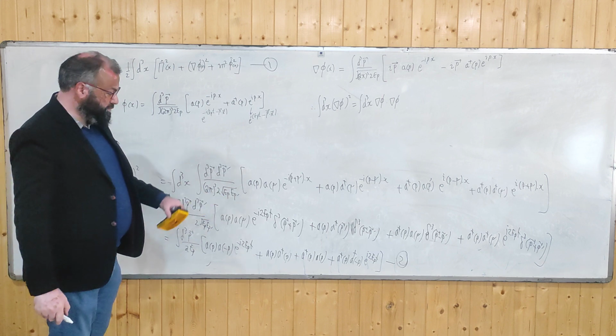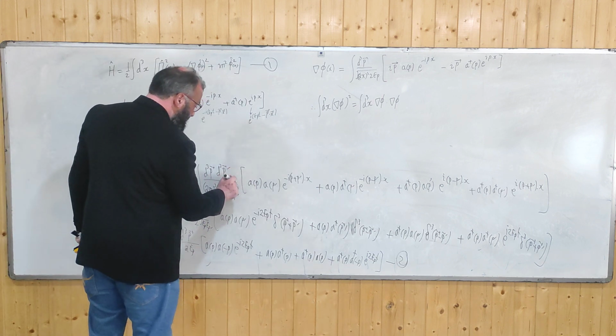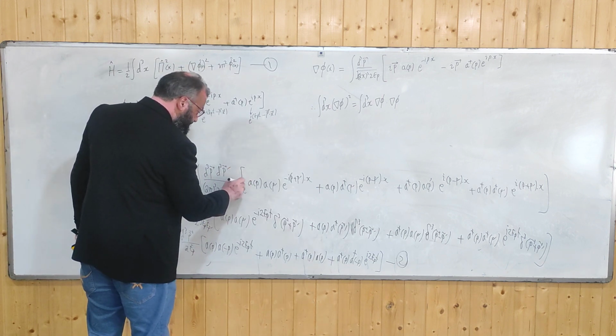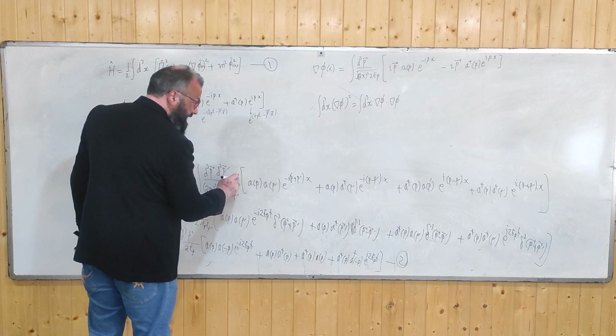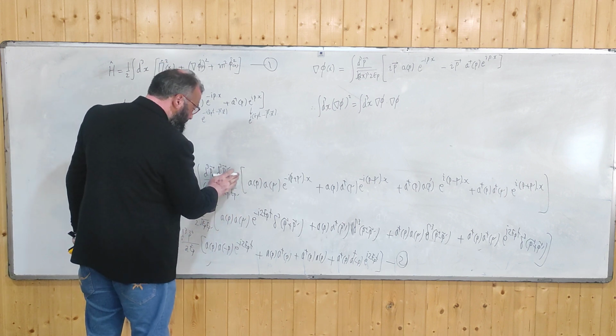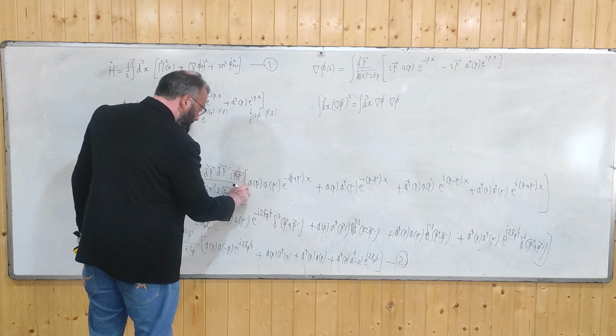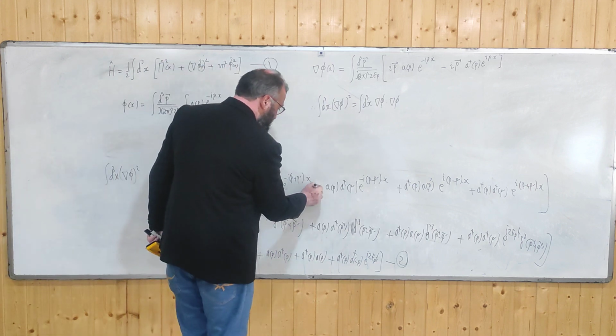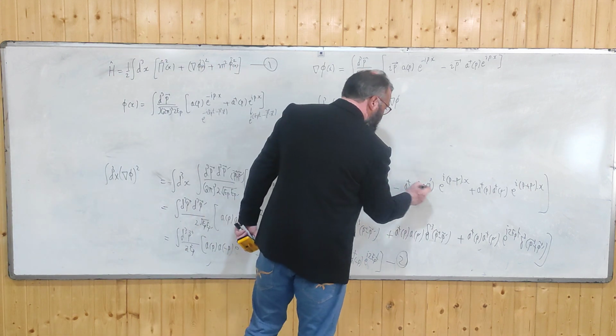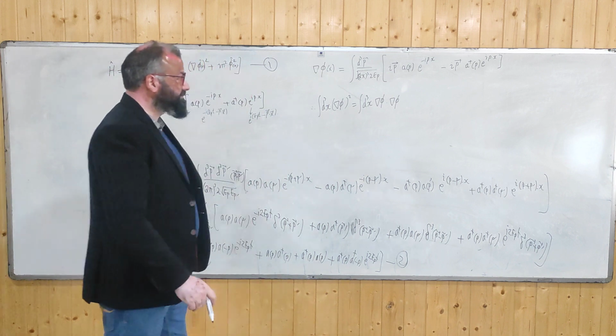So two factors. In this case, you are having vector p here, then p dot p prime. Like this, this will be plus, this will be minus, this will be minus, that will be plus. Clear?